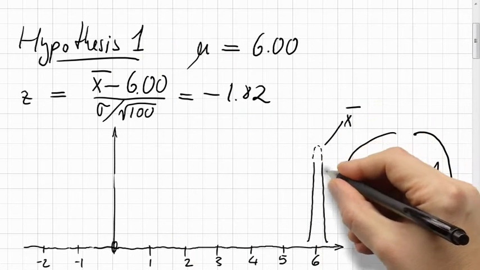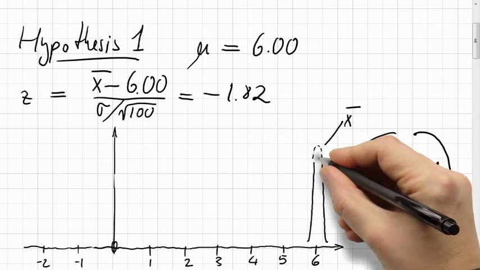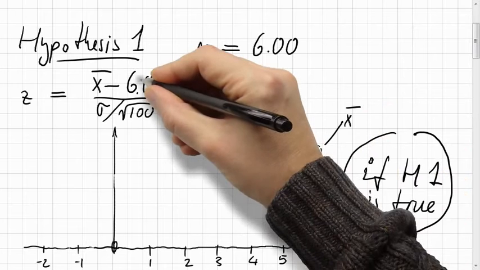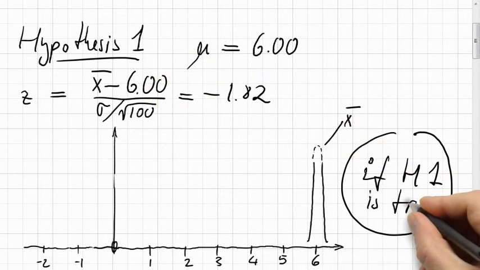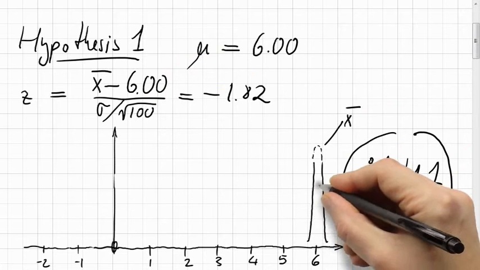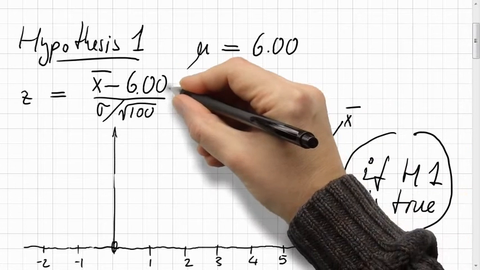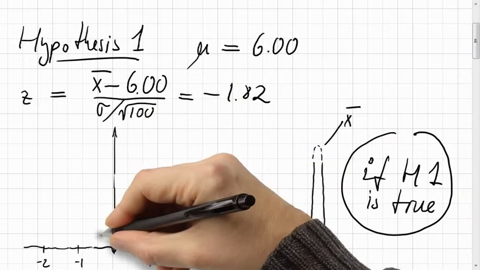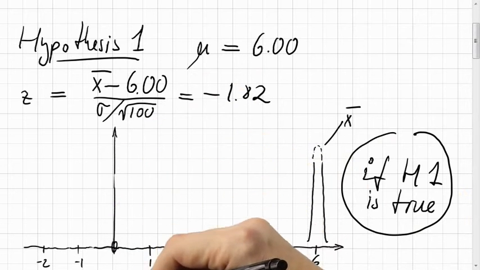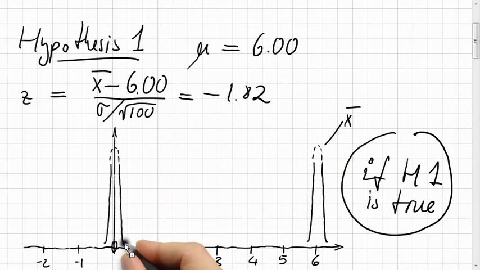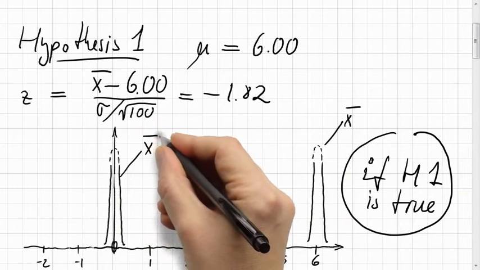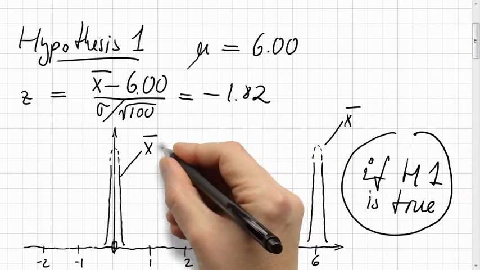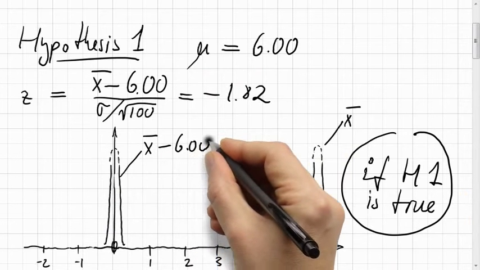Actually, the curve is way taller than that, but that's hard to draw in this diagram. If I subtract 6.00, and given this hypothesis, that's actually the center of this peak, I get a curve that's peaked around 0. So this is what x bar, the mean, minus 6.00 looks like.